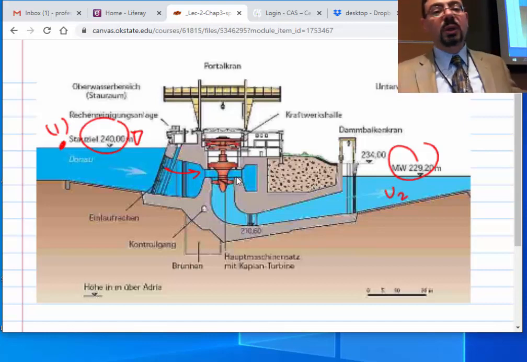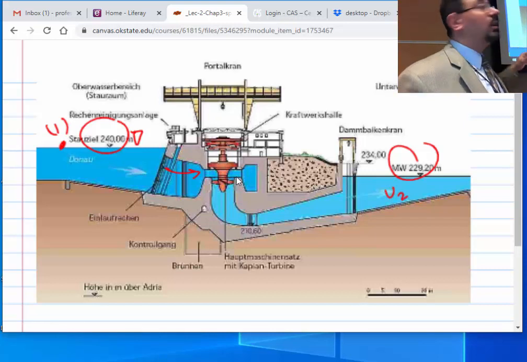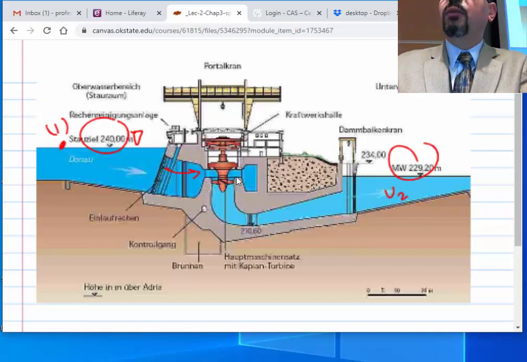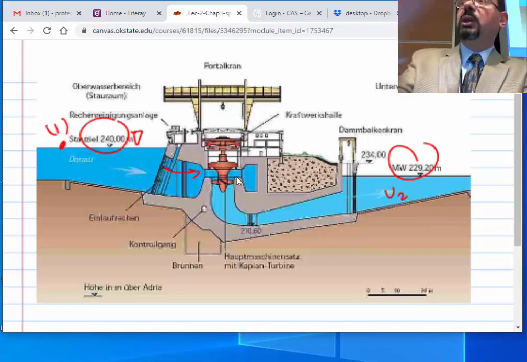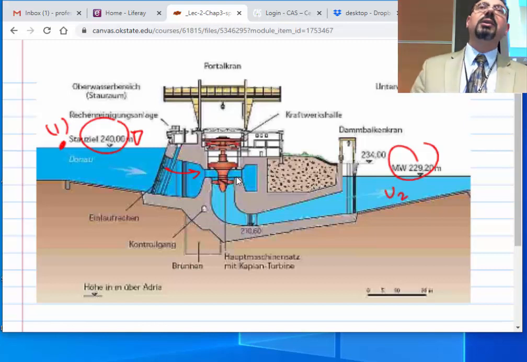If I told you there's a 10 meter head between those two levels, and the flow rate is 10 meter cube per second. So I give you the flow rate that we can allow to go through the river. And by the way, sometimes the flow rate through the turbine is not controlled by the energy consideration.